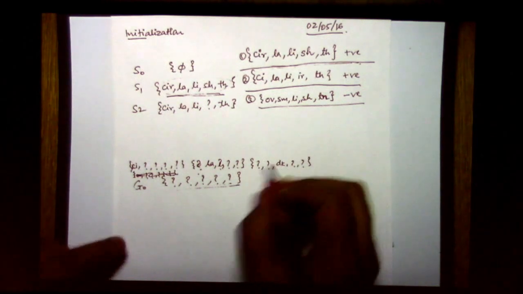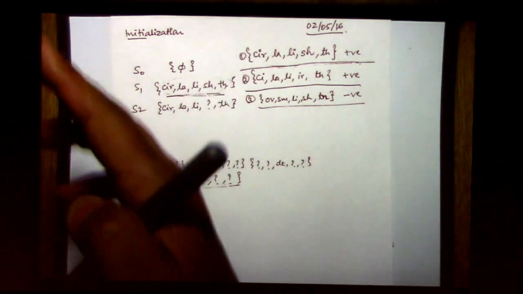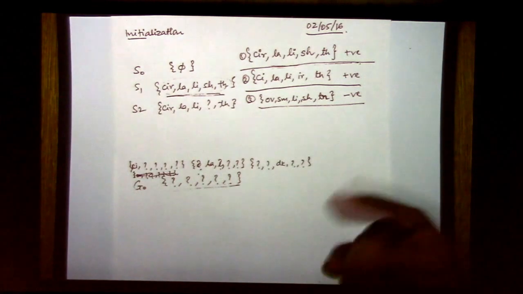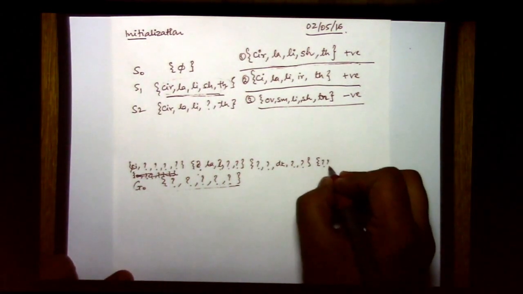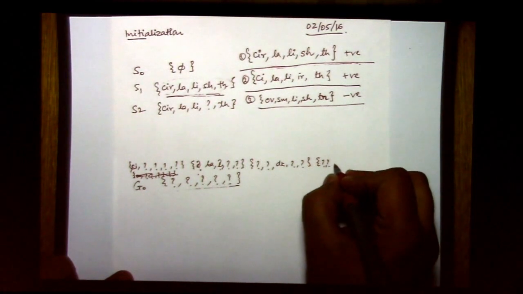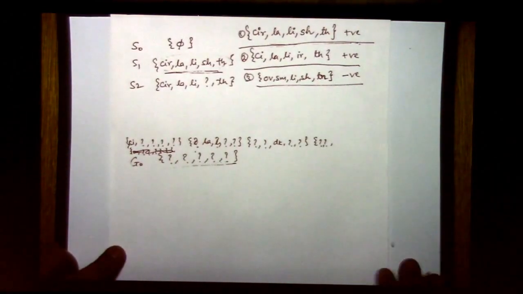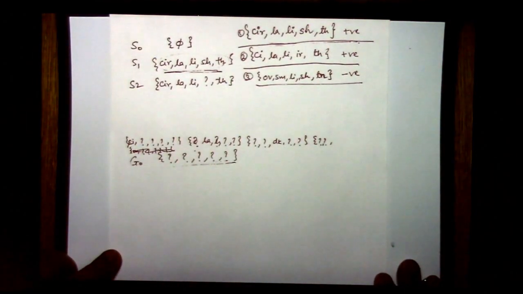The reason I'm only flipping one is because that's the most general hypothesis, that's the minimal specialization that you can make. And there's one more point that I want to make here. Question. What's that? You can't say dark because the first one.